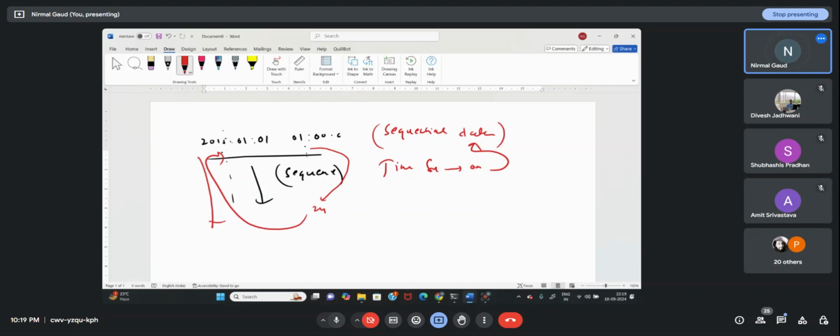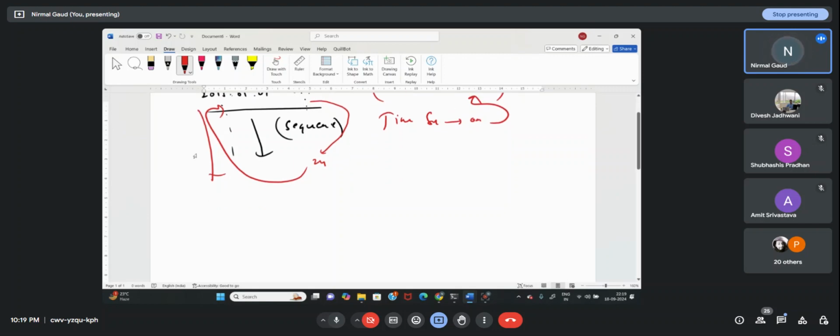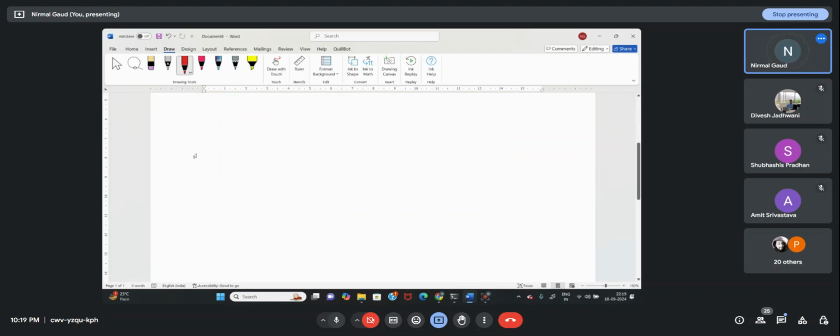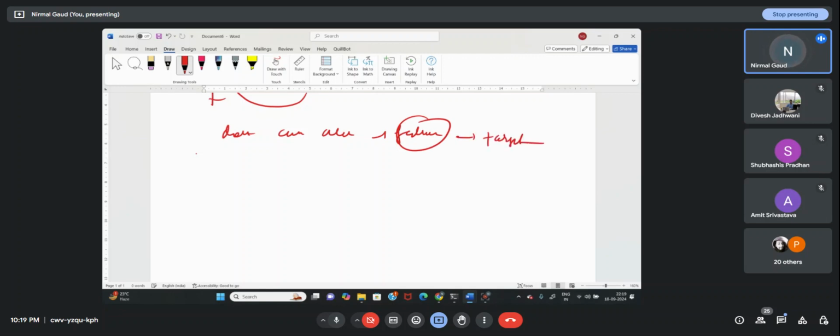So in time series, we don't care about the other features apart from the target. We just only take time and the target feature, only these two.